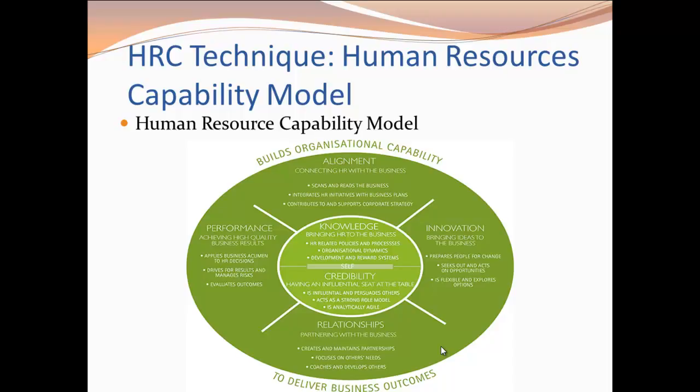Another key point is credibility, and basically just need individuals in a nonprofit who can be very influential, a good role model, and will anticipate problems and have an effective response for those problems. Another aspect of human resources would be performance. This can be a person that looks mainly at the outcomes.